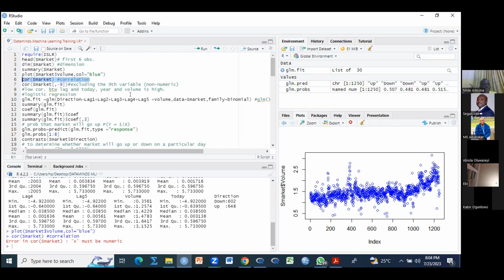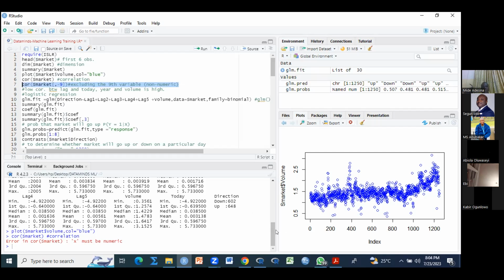So in order not to have an error, what I need to do is add -9 in the next line. That excludes the 9th variable, which is non-numeric: direction, up and down. So I can now run this.